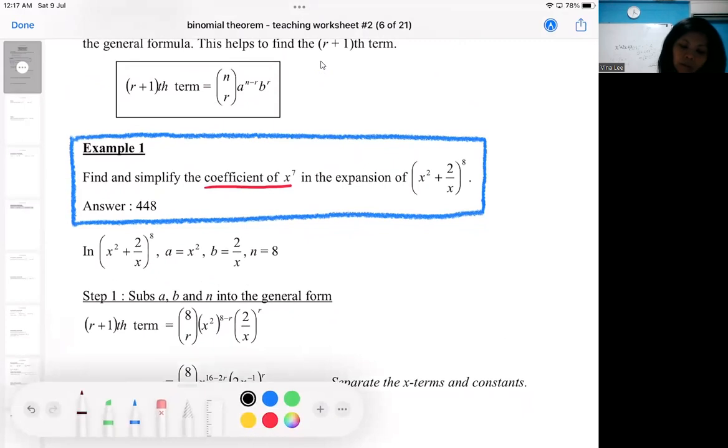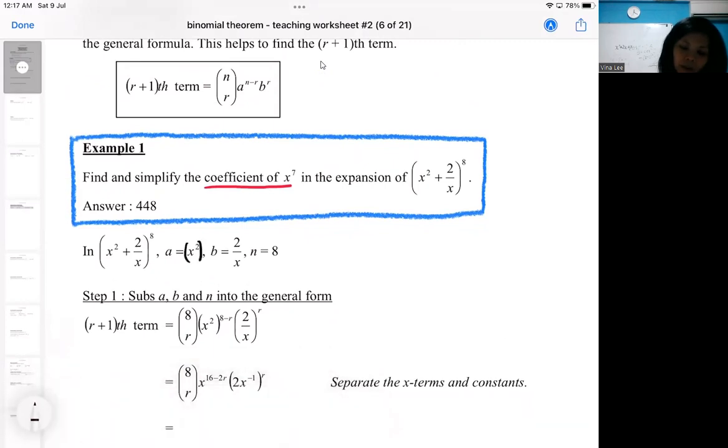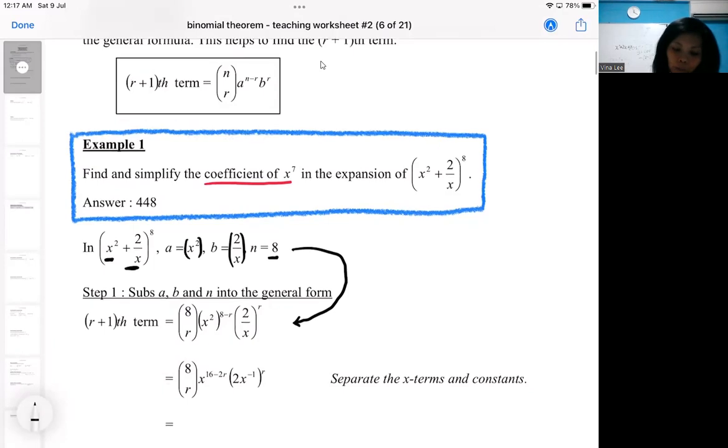Make sure you realize what is your A, what's your B, and what's your N. Nothing tricky, just insert. Upon this, you successfully use the formula. It is the simplifying that most people cannot do.